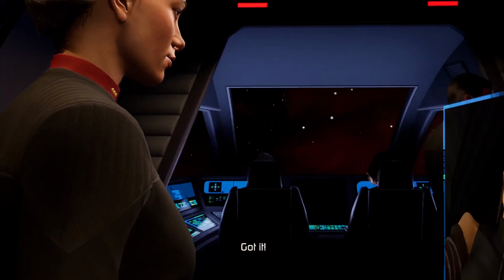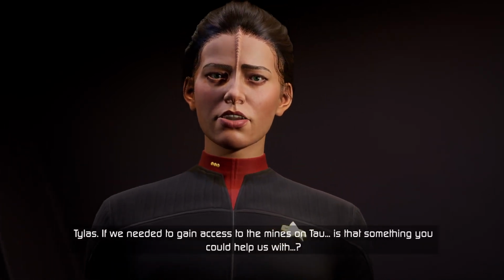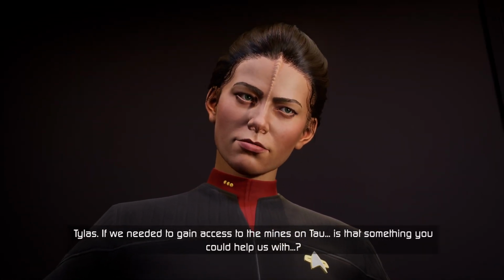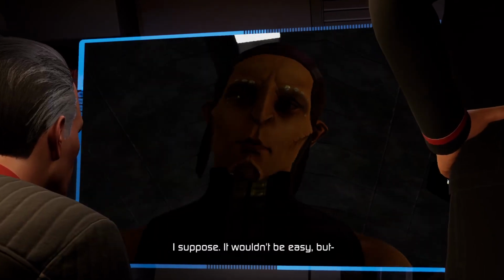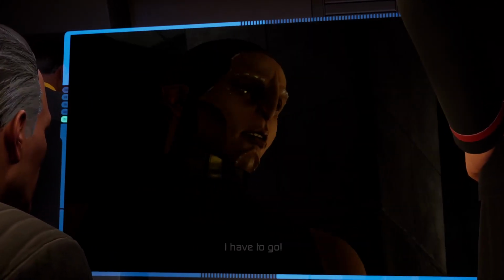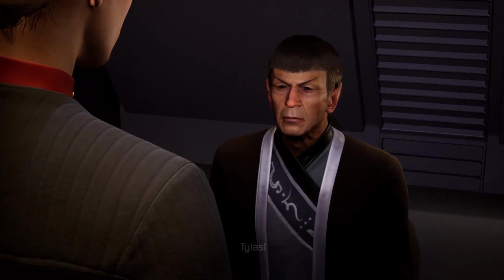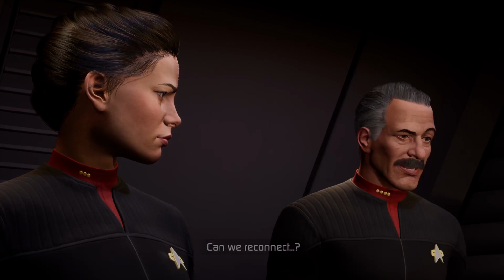Got it. Tylis, if we needed to gain access from Tau, is there something that could help us? I suppose it would be easy. I have to help. Tylis. Can we reconnect?